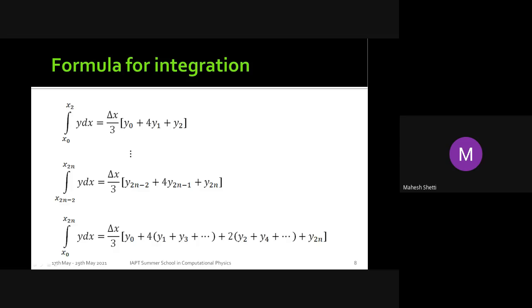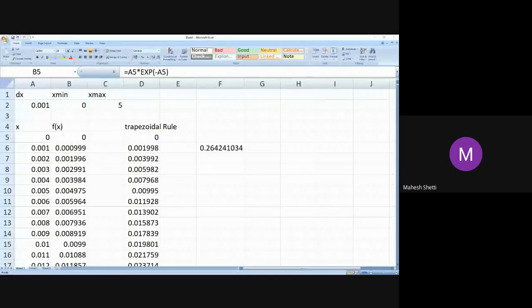So I stop this presentation and come back to the Excel. Is it visible?